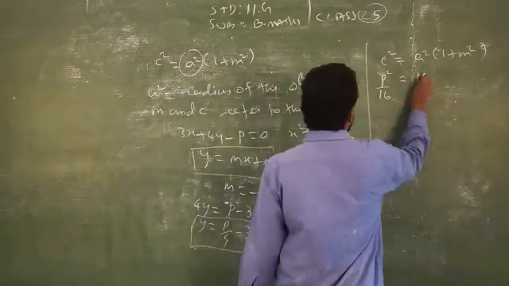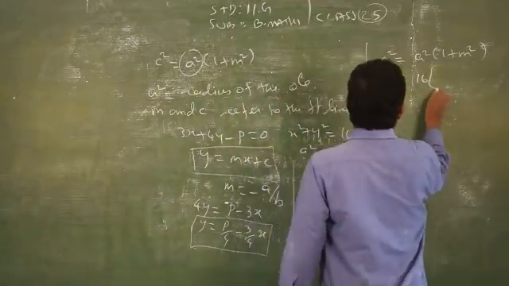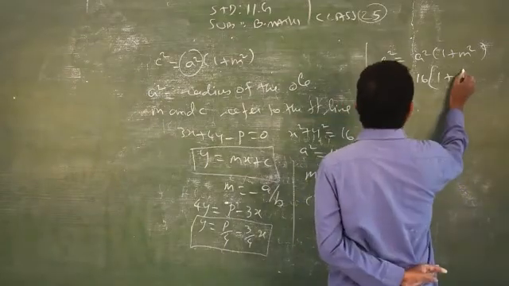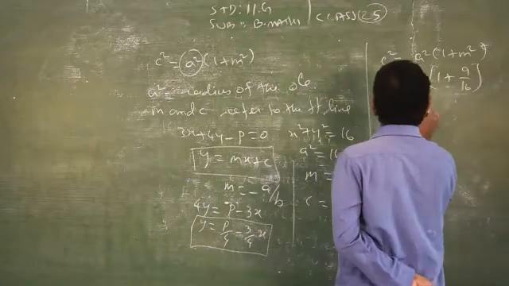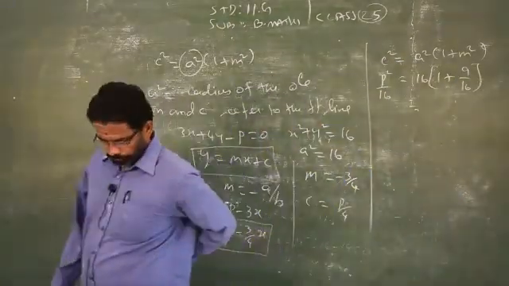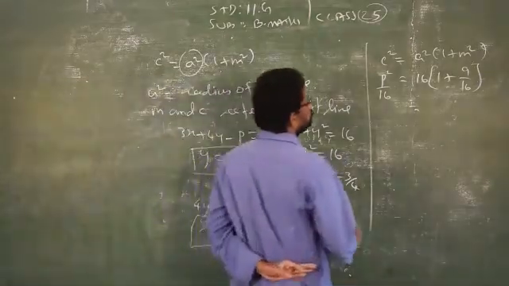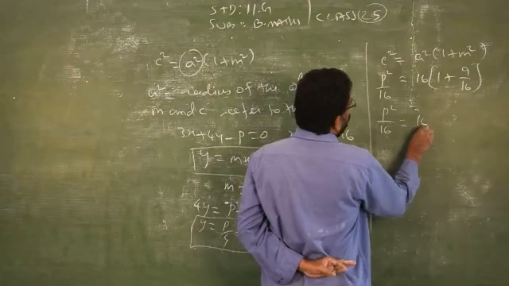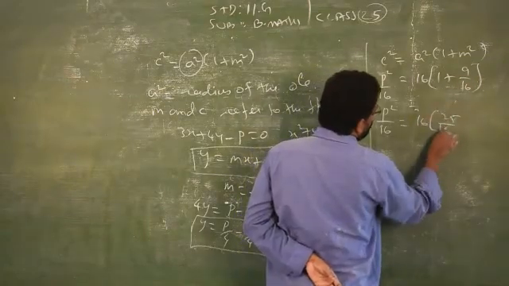Then a square we already found, that is 16. 1 plus m square: m is minus 3 by 4, and when you square it, you get 9 by 16. Clear? Is there any doubt? So p square by 16, when you simplify this, you will get 25 by 16.